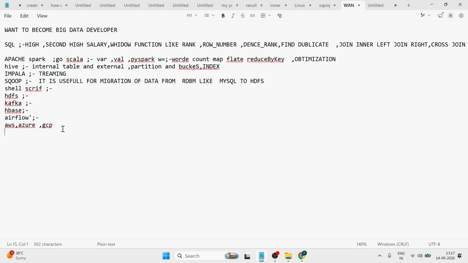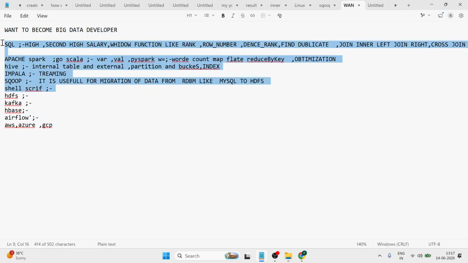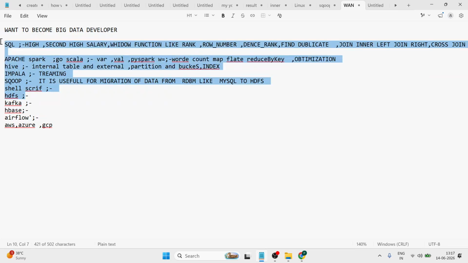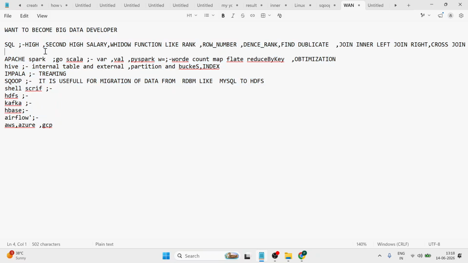You need to follow these techniques properly, right? SQL, HDFS, shell script, Apache Sqoop, Hive. Learn those techniques properly and you will go on. For basics you also need languages, core Java and Python.